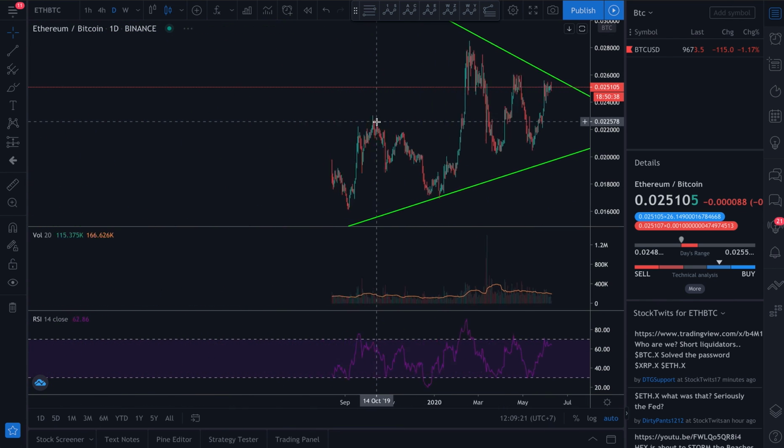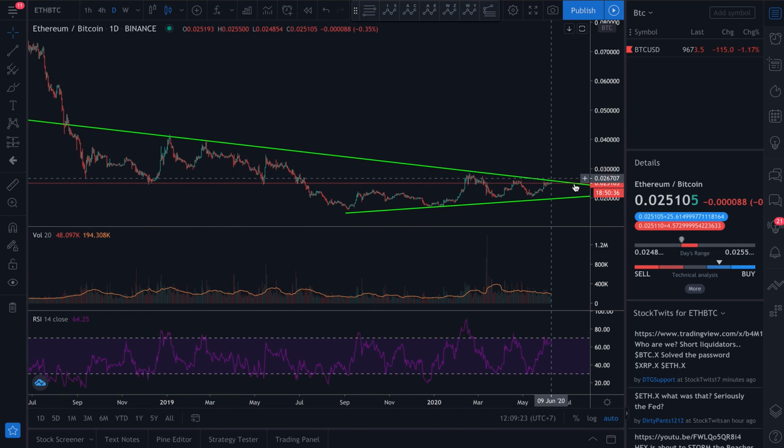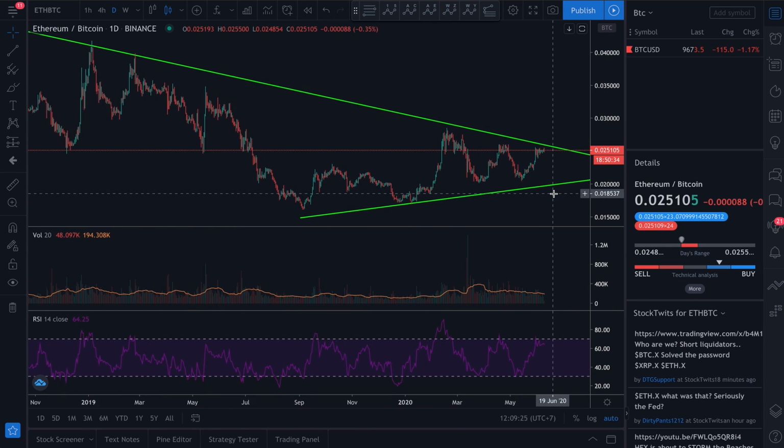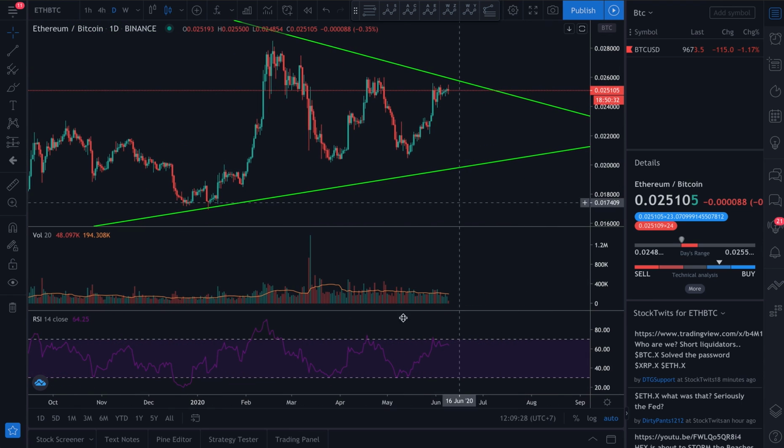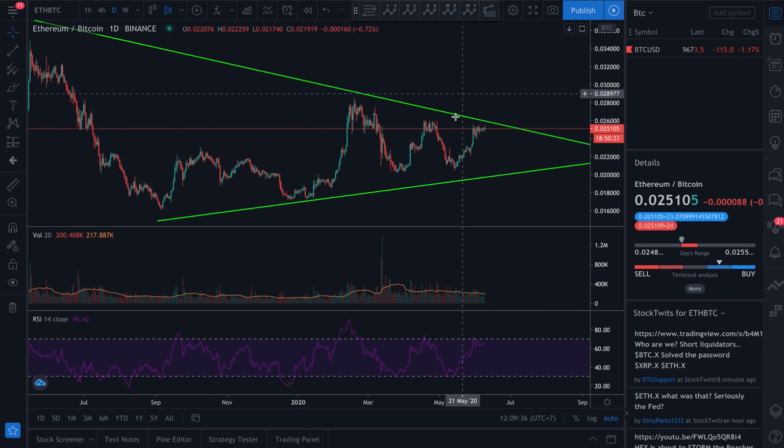So in this case, they again provide this one nice channel here, and based on this channel and RSI, I'm asking, is Ethereum expensive or cheap compared to Bitcoin? And in my view, based on this chart, Ethereum is looking like it is expensive compared to Bitcoin.